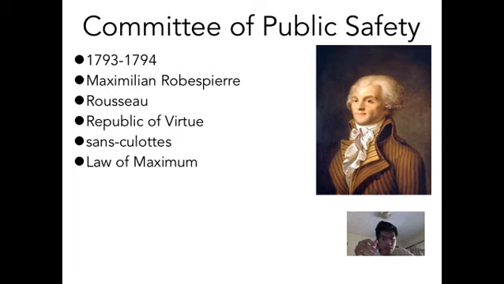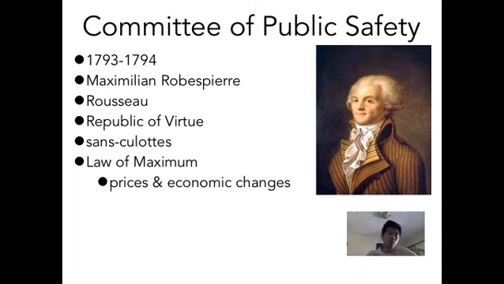And so there's going to be a fixed price, there's going to be a fixed amount of assignat printed, and so things are going to be affordable for the poor now, and there's going to be a system of rationing, and so there's a lot of different types of economic changes. Also, the government is going to control the economy through instituting new workshops and controlling new types of jobs that are being subsidized by the government.